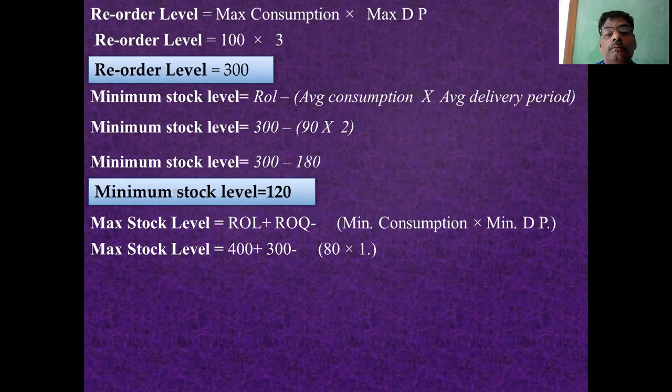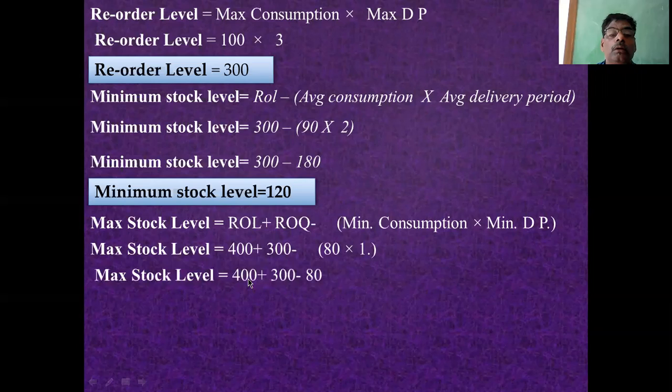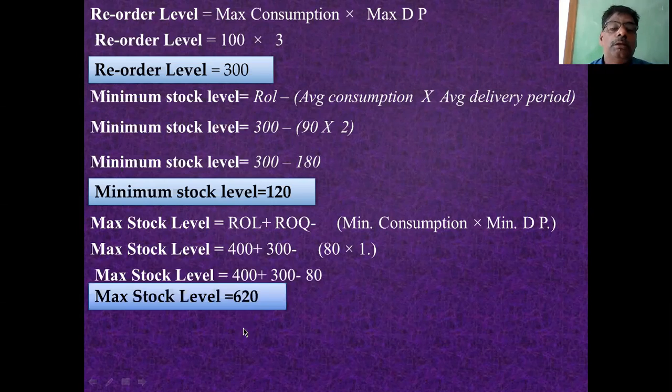Reorder quantity is given in the problem, 300. Then minimum consumption is 80, minimum delivery period is 1 week. So 400 plus 300 minus 80 is equal to 620. 620 is the maximum stock level.